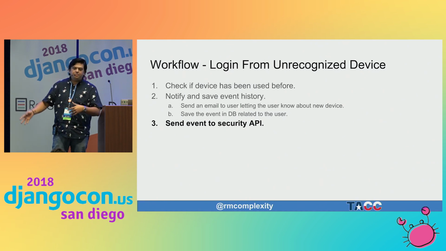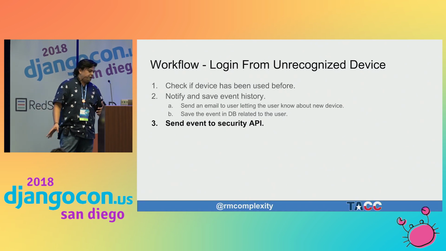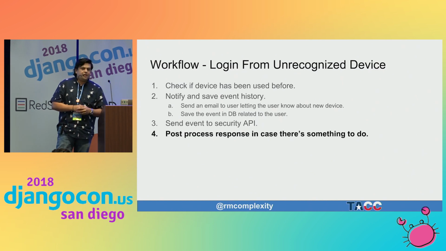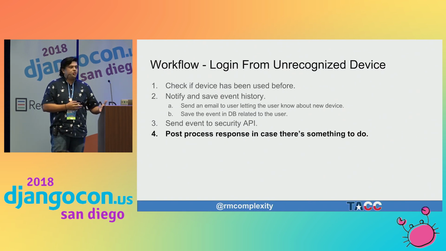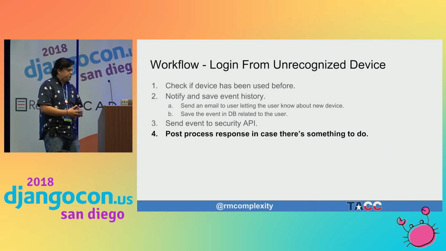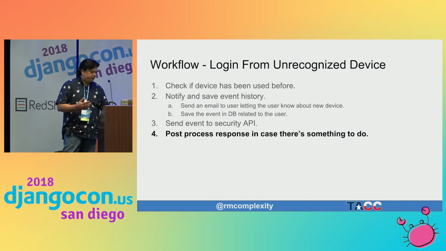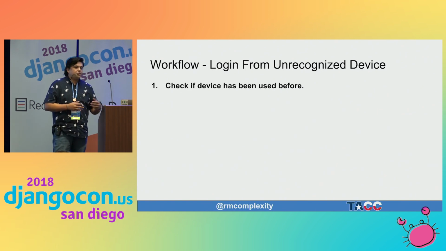Let's say that API does some machine learning stuff like outlier analysis or something like that. And then finally, we get whatever response we get from this API, and we post-process it in different ways. We could, again, save it into a database, or maybe send another notification, or maybe just flip a switch somewhere.